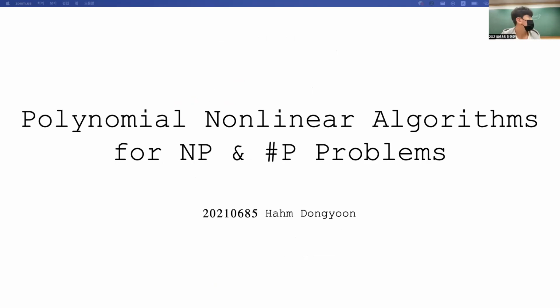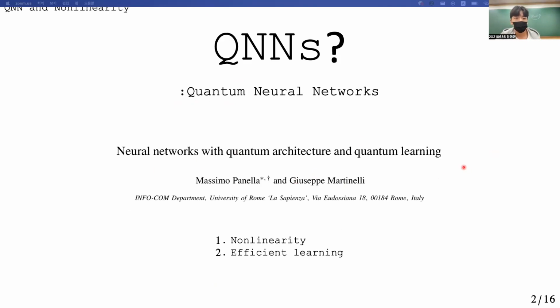The names of the authors are Abrams and Lloyd, so they call it the AL algorithm and use it for implementing QNN, to implement nonlinearity of QNN.